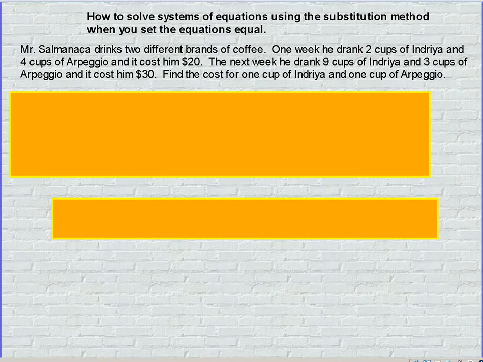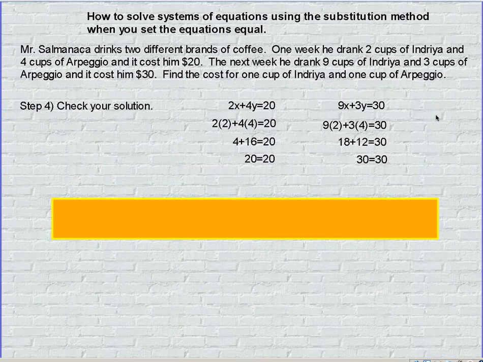Now, let's check our solution. We have that 2x, where x is equal to 2, plus 4y, y is equal to 4, we get 20 is equal to 20.